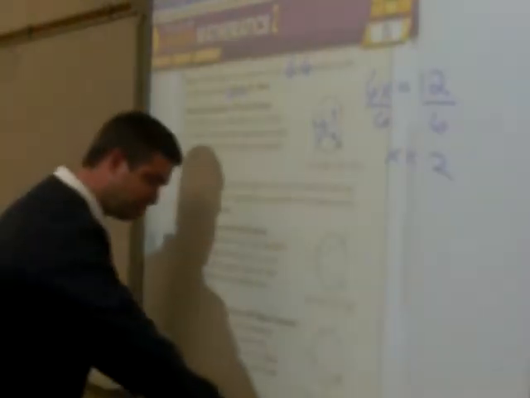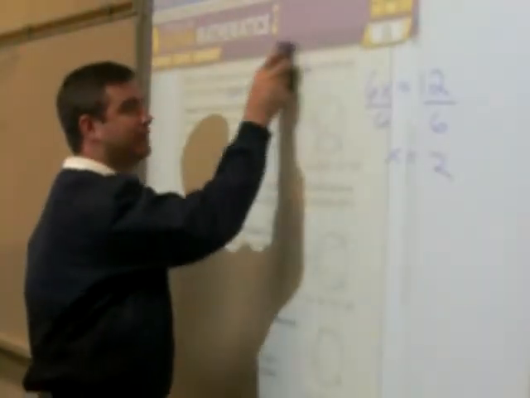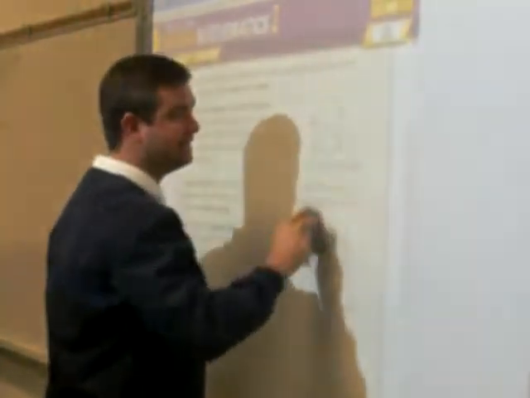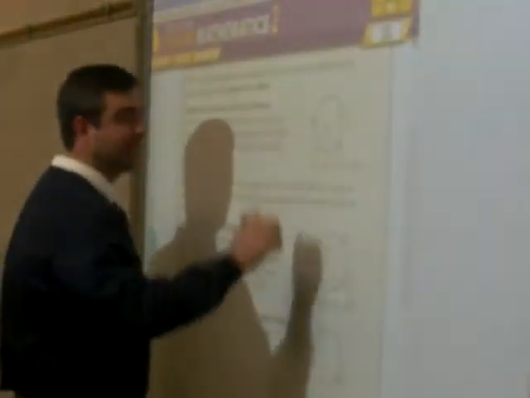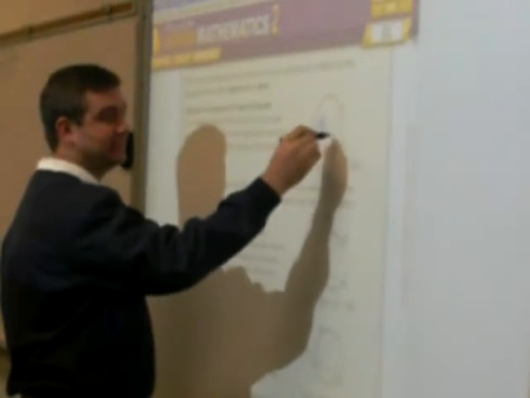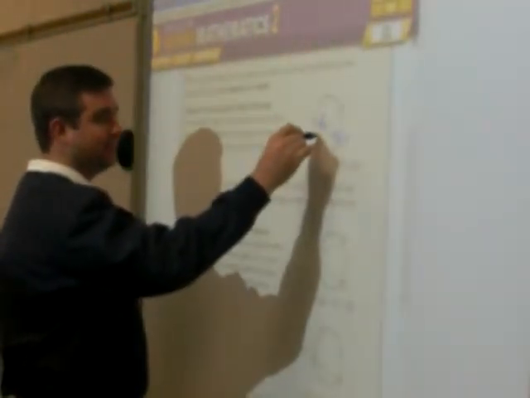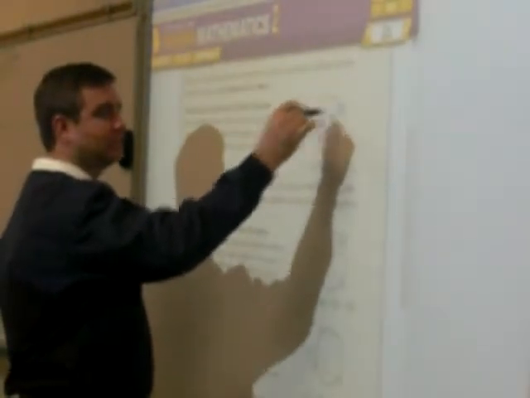Now, how does this problem get a little harder? Is when they start putting a little bit more algebra into it and they say something like this. 6 and x plus 1 and 3 and x minus 2.